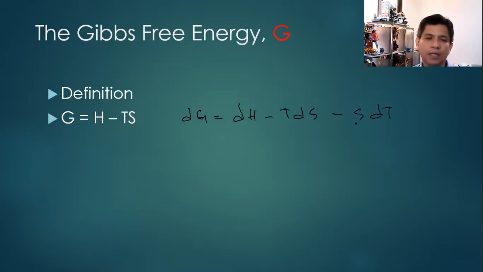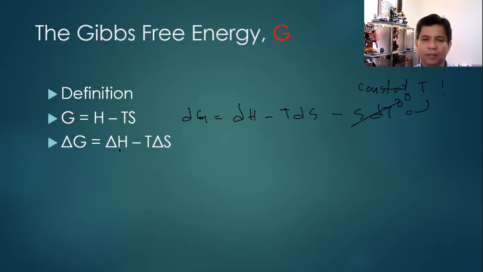Ngayon, generally, yung delta G, we calculate this at constant temperature. So pag constant temperature, nawawala tong term na to, no? Constant T. Nawawala yung term na yun. So ito na lang yung natitira. Pag in-integrate nyo tong term na to, halimbawa constant naman yung T, this will result to delta G is equals to delta H minus T delta S.